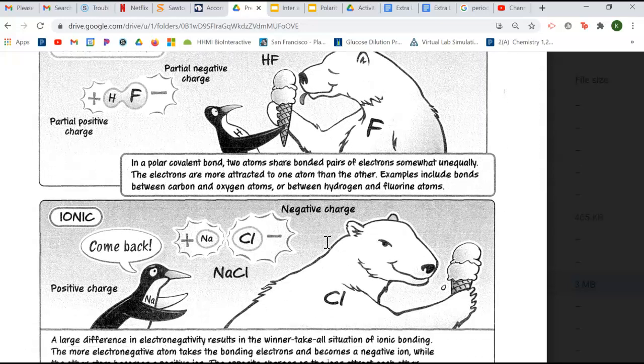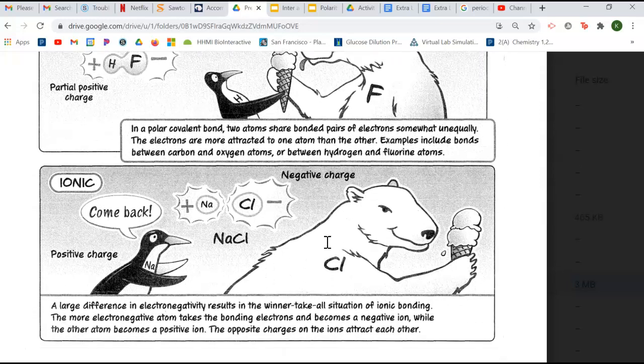And then lastly, the thing that we've been talking about a lot last semester and the beginning of this semester are ionic bonds, and these are much stronger bonds. A large difference in electronegativity results in a winner-take-all situation of ionic bonding. The more electronegative atom takes the bonding electrons and becomes a negative ion, while the other atom becomes a positive ion.